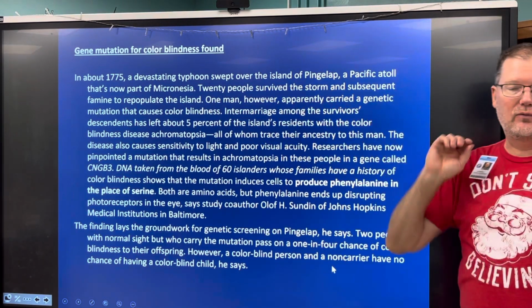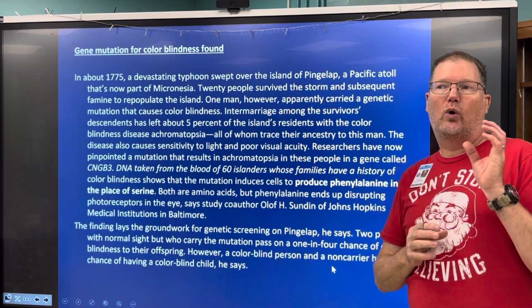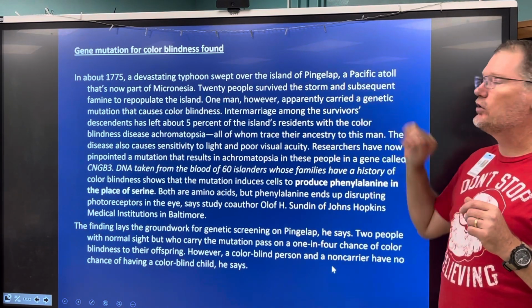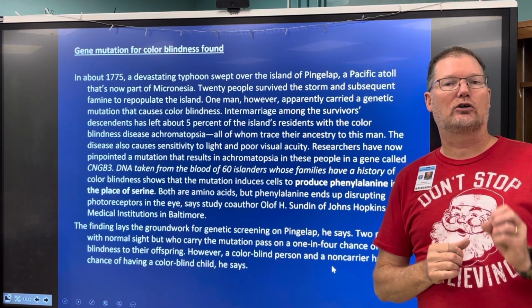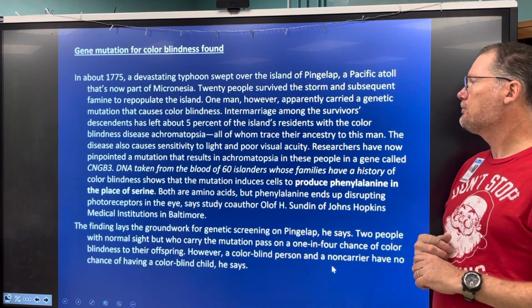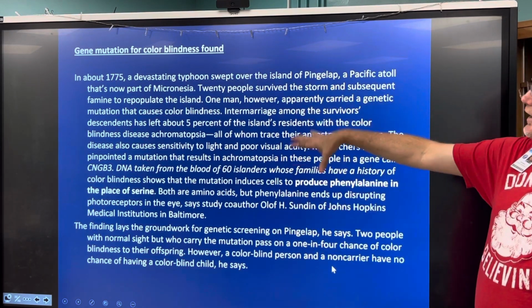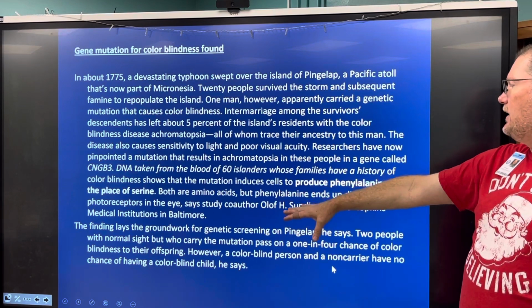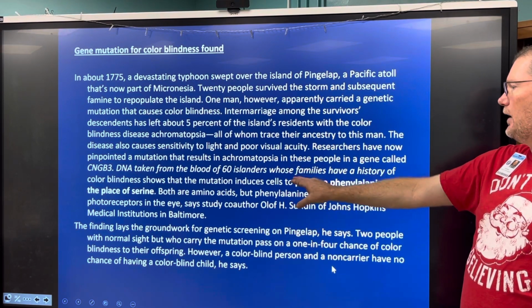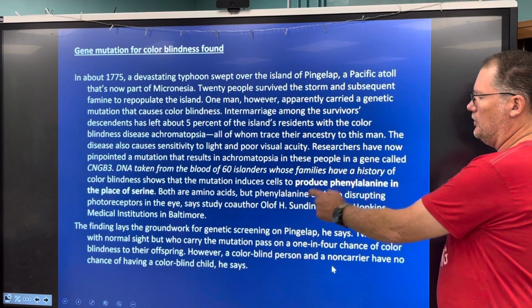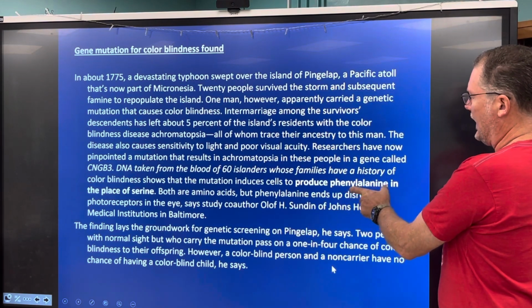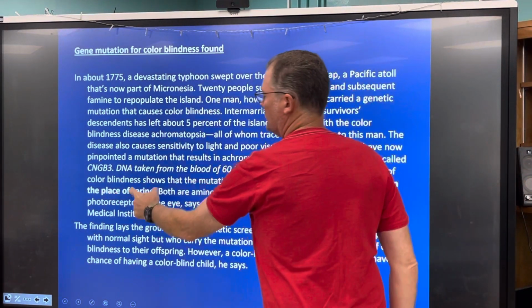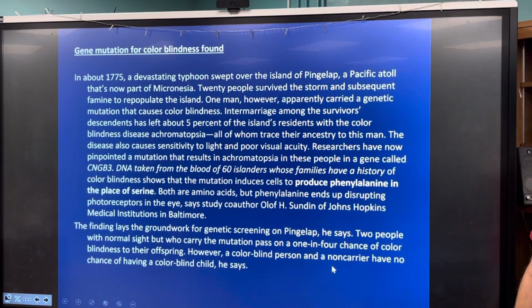One man of the 20 people, however, was a carrier for a genetic mutation that caused color blindness, right? So they intermarried, and eventually many of them have color blindness now. And it produced phenylalanine in the place of serine. So those two amino acids.